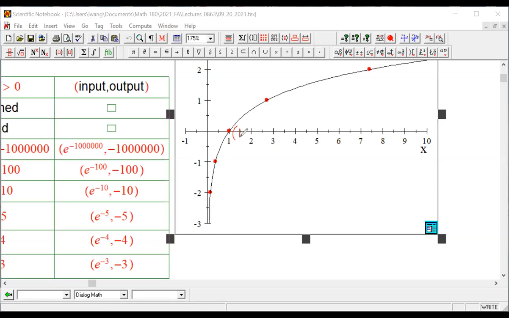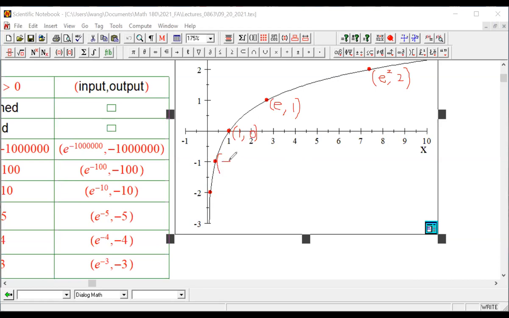This is 1, 0, right? Input 1, output 0. Input e, output 1. This is an increasing function, isn't it? Because as input gets larger and larger, the output is getting larger and larger, right? Increasing function.